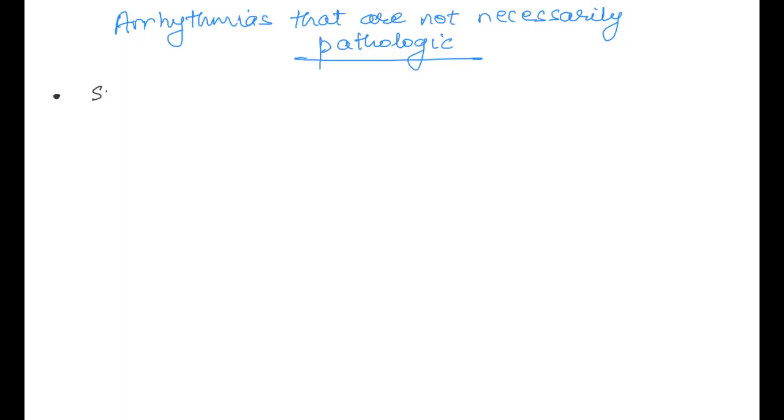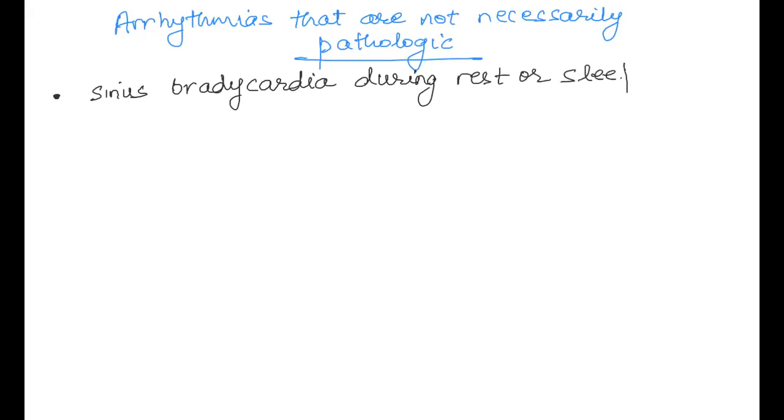The first thing is called sinus bradycardia. Sinus bradycardia means during sleep or rest, when a person or the body is in a relaxed state, there can be patterns which miss beats, but that is okay.